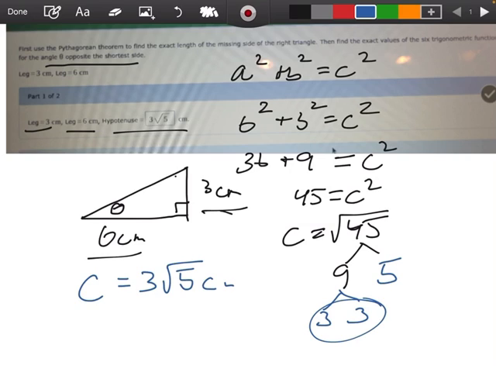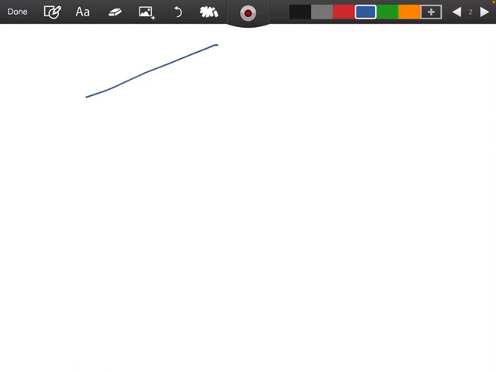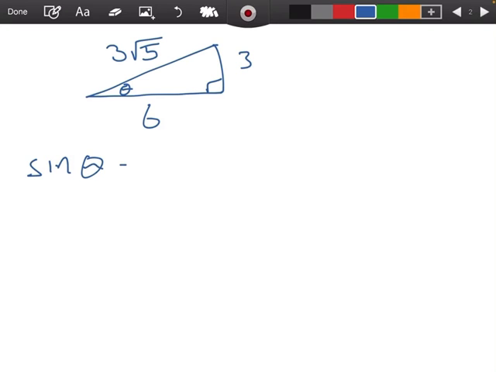So now, let's draw the same picture we had before. Here's my theta, here's my right angle. This was 3, this was 6, and this was 3 square root of 5. So now we're going to do a couple of things. We're going to find the sine of our angle, which is the opposite over the hypotenuse, right?